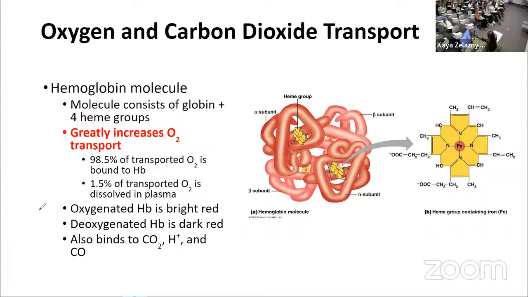What we want to know for now, when you're looking at someone's blood, you will note that oxygenated hemoglobin, also Hb, is short for hemoglobin. Okay, so that's just hemoglobin. Oxygenated hemoglobin is bright red, so that's what you'd see more in an artery, right? Deoxygenated hemoglobin is dark red, so that's kind of why we color the veins blue.